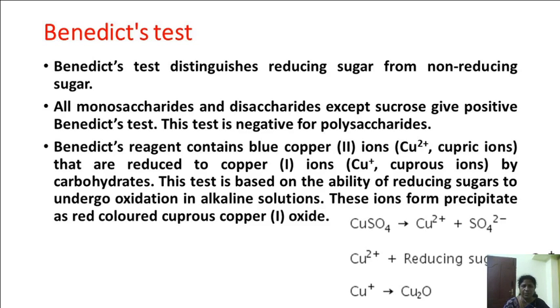Benedict's reagent contains blue copper 2 ions that are reduced to copper 1 ions by carbohydrates. This test is based on the ability of reducing sugars to undergo oxidation in alkaline solution. These ions form a precipitate as red colored cuprous oxide.